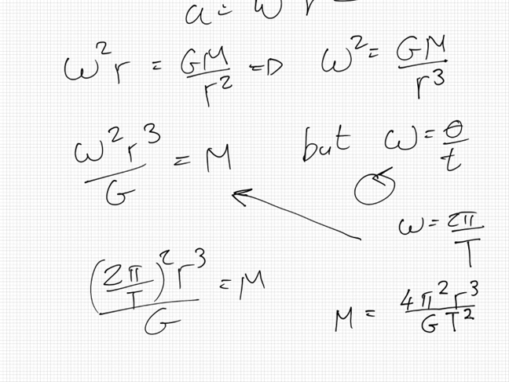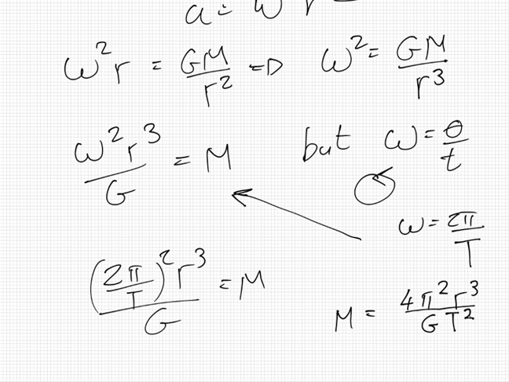Now, you'll recognize it because the question will say something like, the moon is this distance from the Earth, and the moon takes 28 days to travel around the Earth. What is the mass of the Earth?